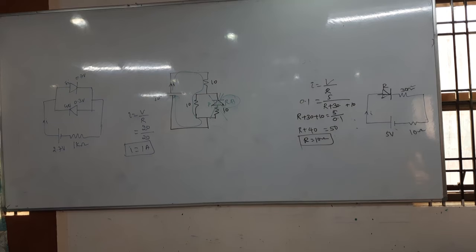What's the answer? What is the question you are asking? Current flowing in the circuit. I value is how much? 3 by? What is the current flowing in the circuit?